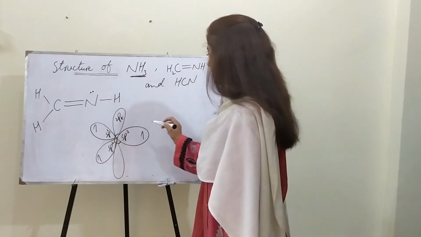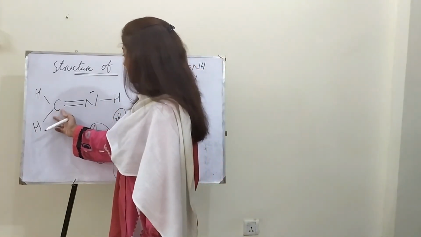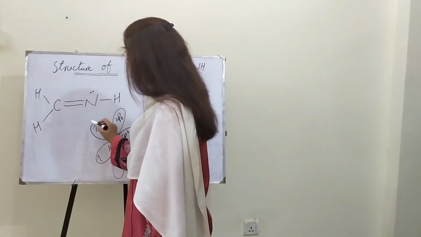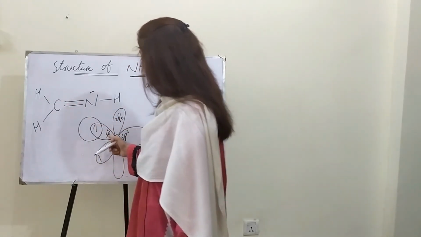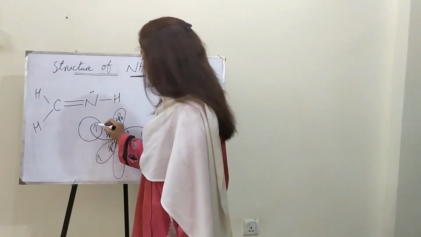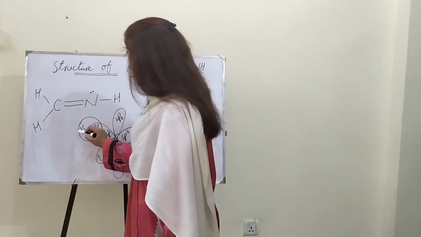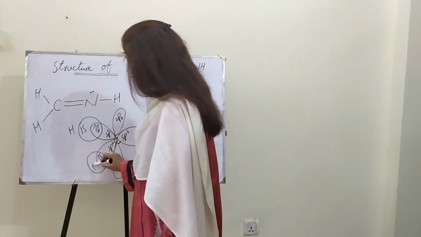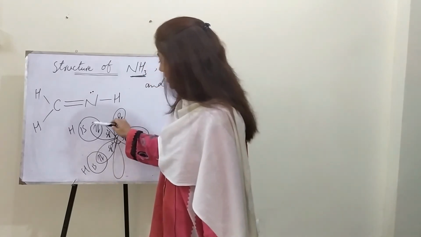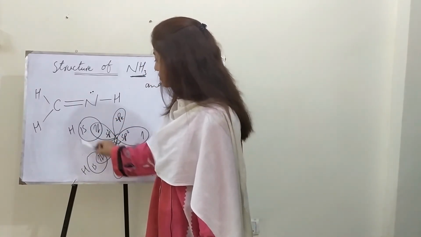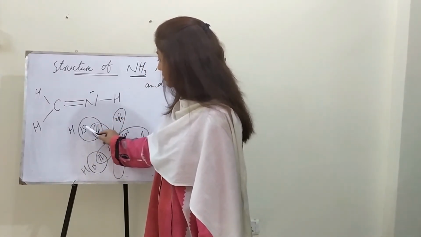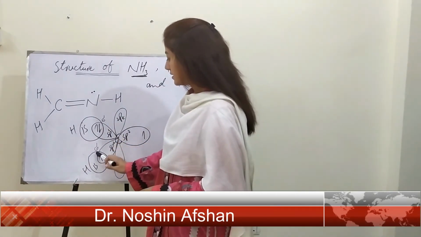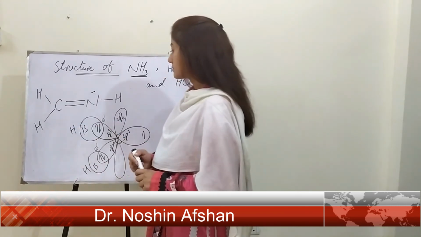And similarly, this carbon has 2 bonds with the hydrogen. So here this hybrid orbital sp2 would overlap with 1s orbital of the hydrogen. It would also overlap with 1s of the hydrogen. So in this way, there would be 2 sigma bonds with 2 hydrogen atoms. Here 1 sigma bond with the hydrogen, and the 1 sigma bond is here with this hydrogen.